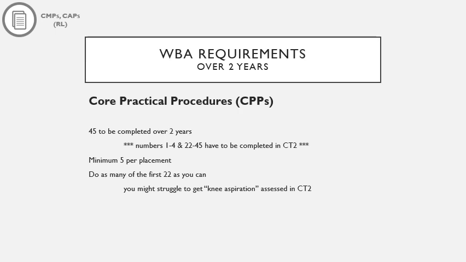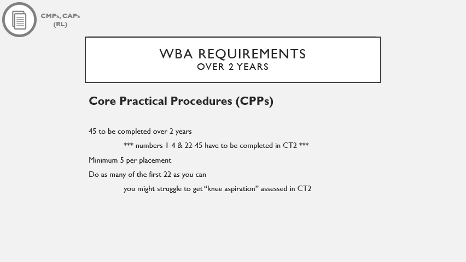There are 45 core practical procedures which need to be completed over the 2 years, and unlike your core major presentations and core acute presentations, there are a number of these that have to be done in your CT2. So numbers 22 to 45 have to be completed in CT2, and they cover things that predominantly you won't come across anyway.